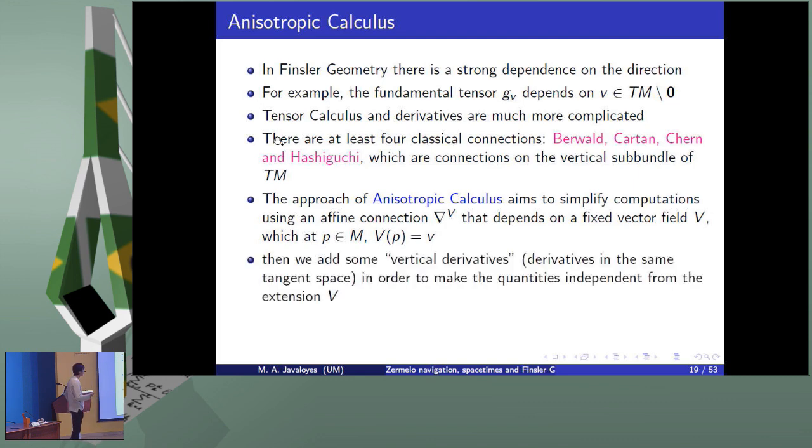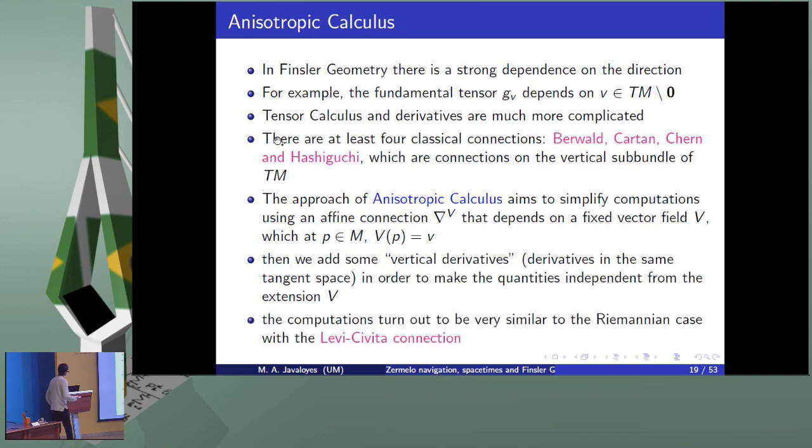In order to make everything invariant, you have to add some vertical derivatives in the tangent space. In such a case, you can prove that the quantities that you obtain do not depend on the extension.